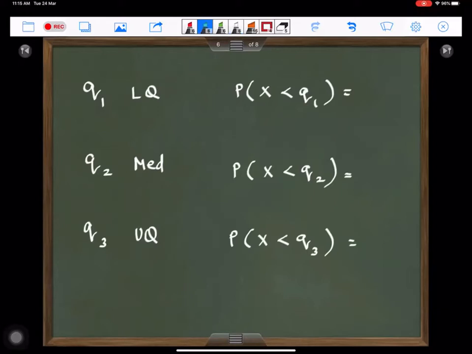Lower quartile is that particular value in any distribution below which 25% of the distribution lies. Median is that particular value below which 50% of the distribution lies. We won't talk about greater, we would simply talk about lesser. Lower quartile, less is 25%. Median, less is 50%. Upper quartile, less is 75%.